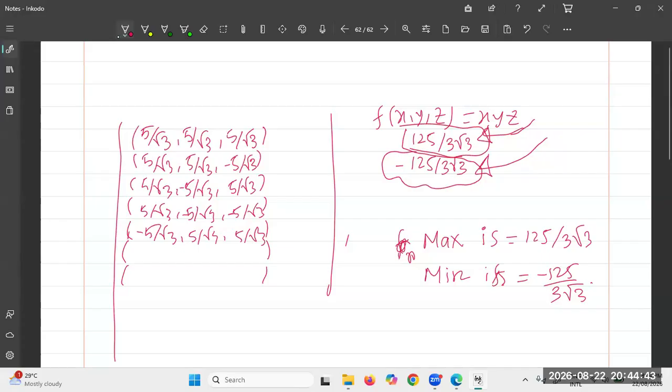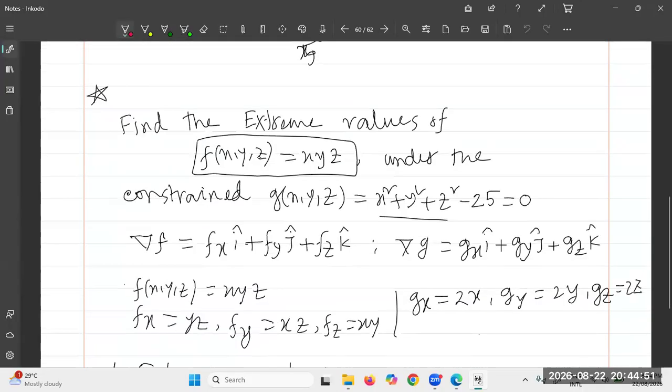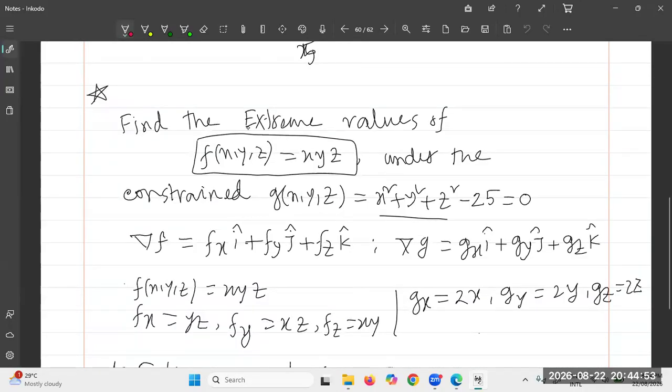So for this function, our function was x times y times z, and the constraint was x square plus y square plus z square minus 25 equal to 0.